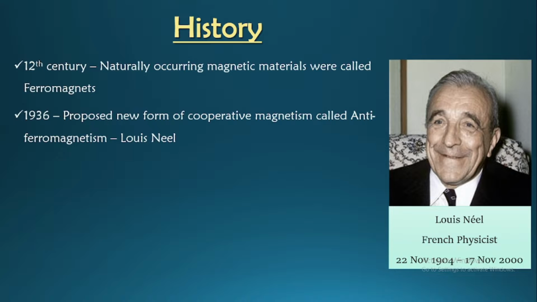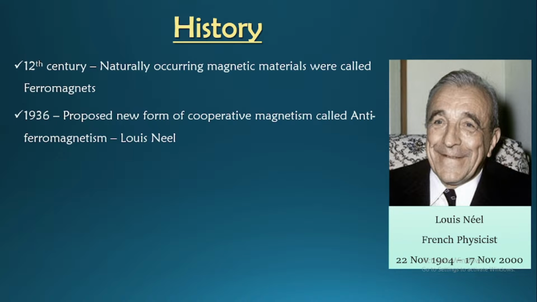The concepts relating to ferromagnet and antiferromagnet were made clear in our previous classes, which you can check in the playlist section named ferromagnetism. In ferromagnets we observe that the magnetic moments are equal and parallel to each other, whereas in antiferromagnetic material the moments are equal and anti-parallel to each other.